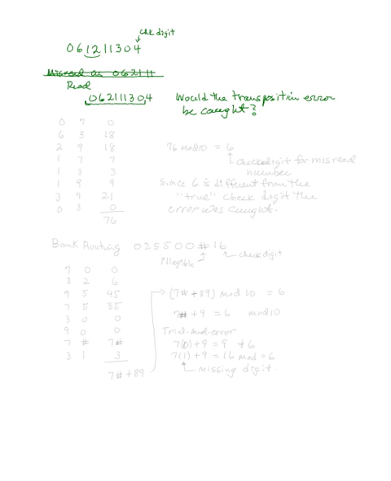Now, let's go through the calculations again. So I'll write down the main part as I've read it: 0 6 2 1 1 1 3 0. Now notice I'm not copying the check digit. That's not part of the calculation. So I'm going to calculate the check digit and see if the error is caught.